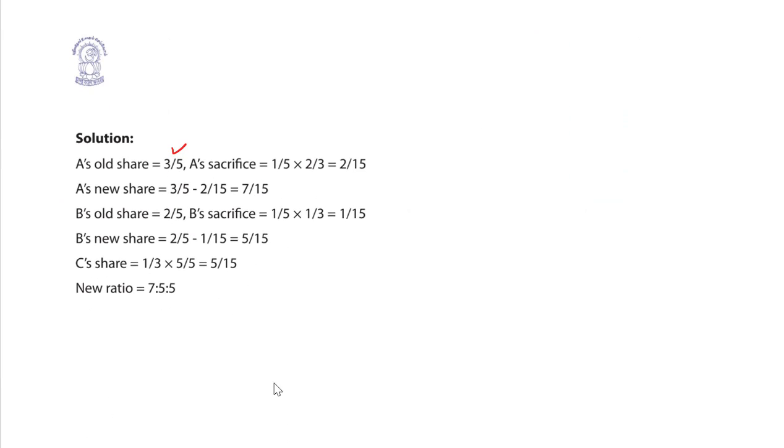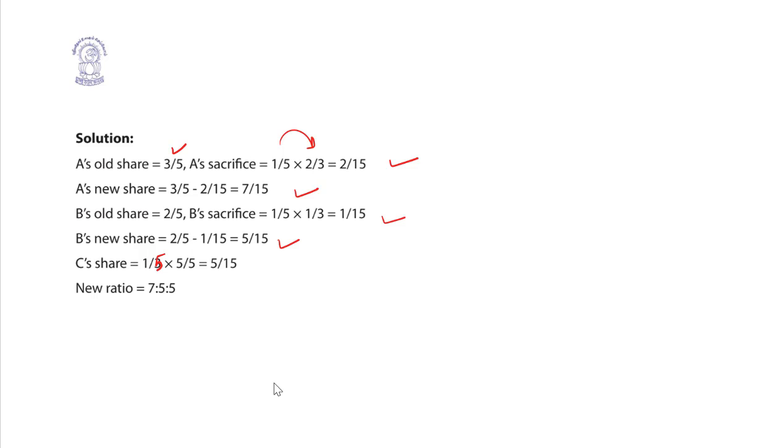A's old share is 3 by 5, A's sacrifice is 1 by 5 in the ratio of 2:1, so 2 by 3, that is 2 by 15. A's new share is 3 by 5 minus 2 by 15, that is 7 by 15. B's old share is 2 by 5. B's sacrifice is 1 by 5 into 1 by 3, that is 1 by 15. B's new share is 2 by 5 minus 1 by 15, that is 5 by 15.